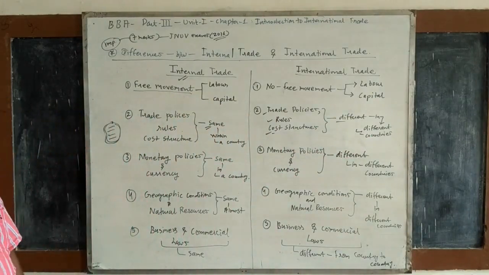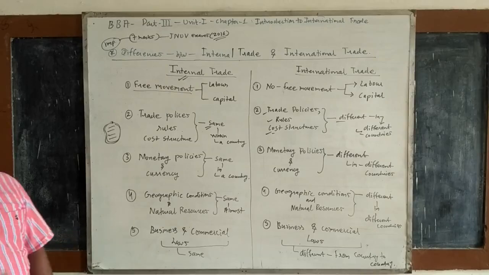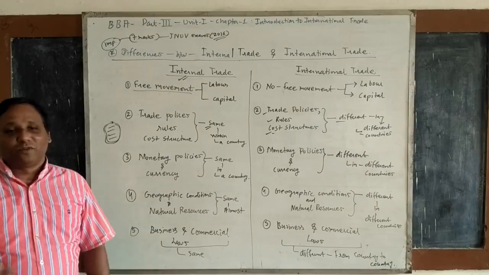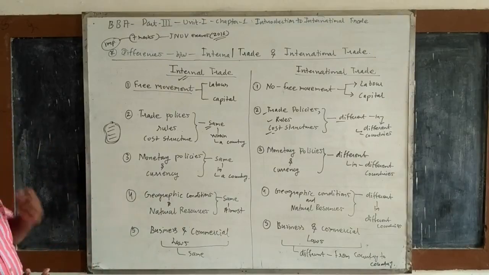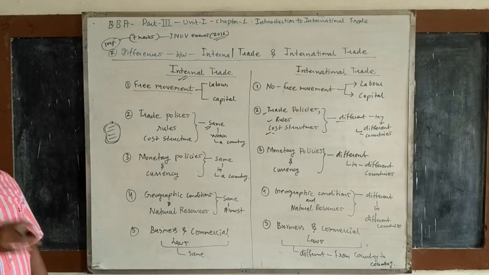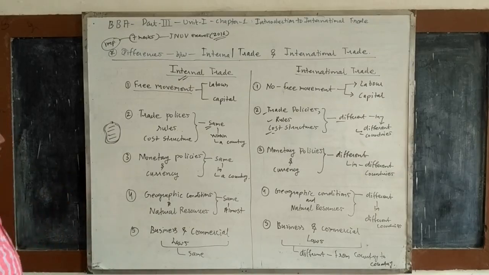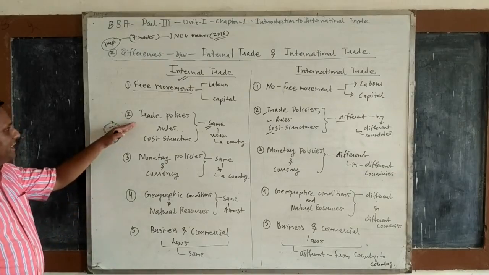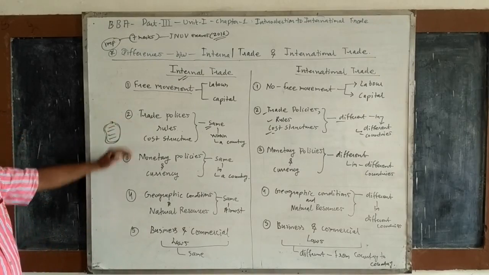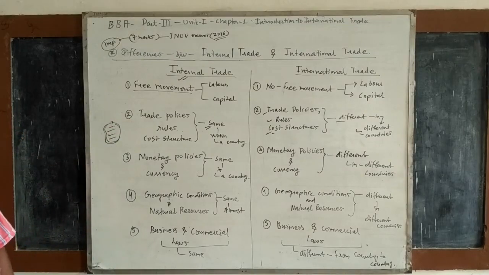These are different from country to country. Trade policies, rules, and cost structure of Britain are different from Russia. Trade policies and cost structures of Australia are quite different from China. See, across the world. So the second difference is that. Let's move on to number 3.